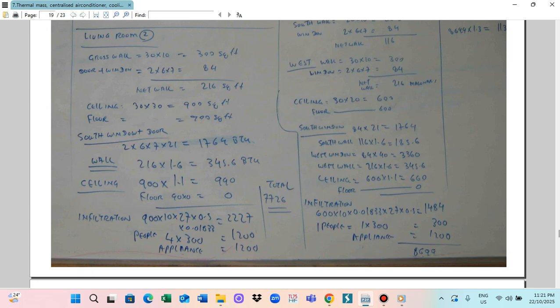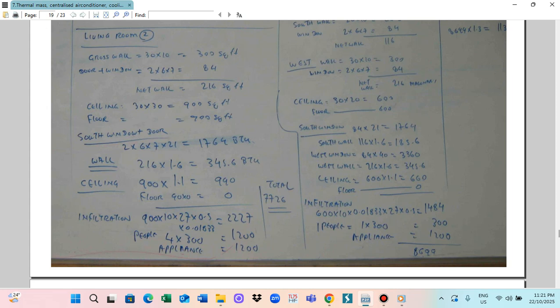Okay, we also assume that in living room 2 we put appliances. Those appliances produce 1200 BTU.